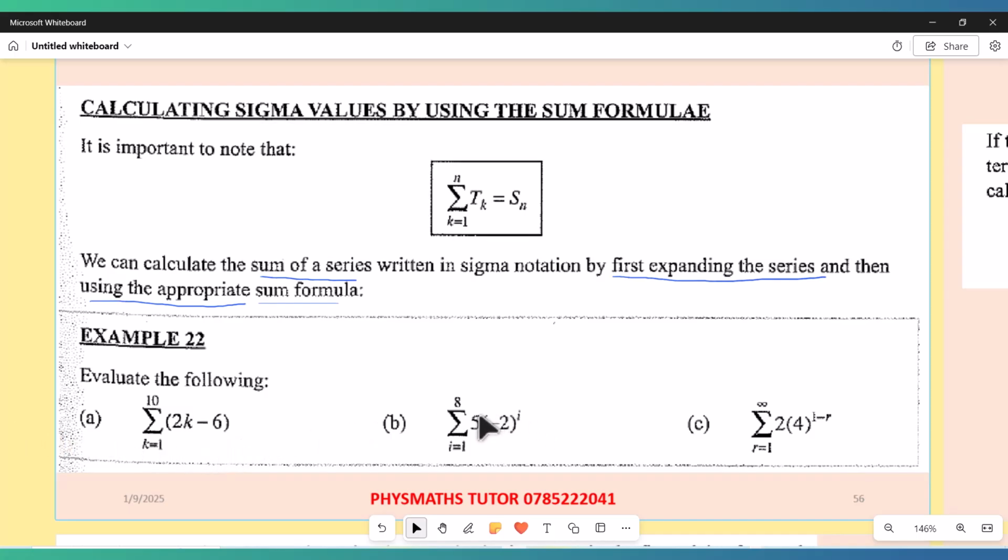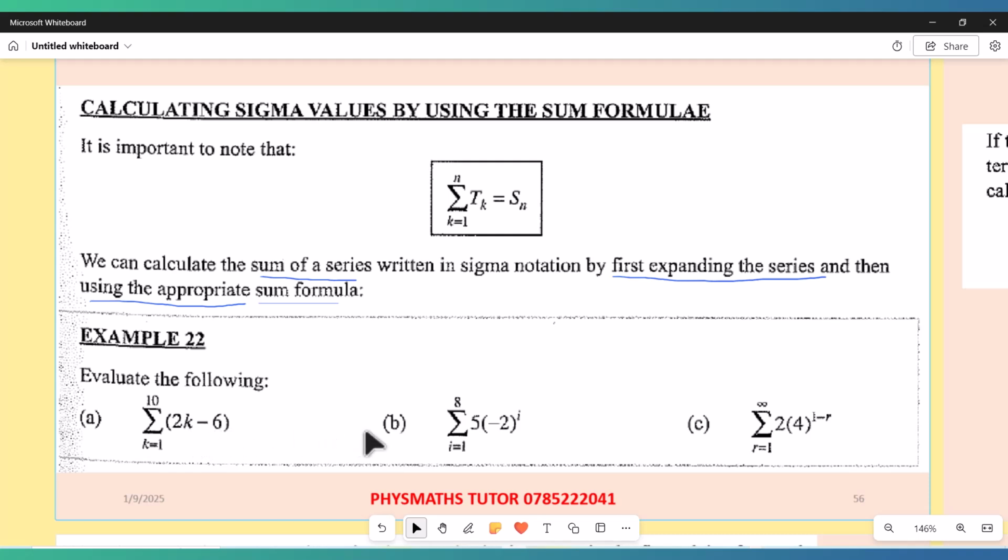Then here, if it is geometric, we use the sum formula for the geometric. We have to identify whether it is geometric or arithmetic. Whenever it is linear like this, it is actually arithmetic.